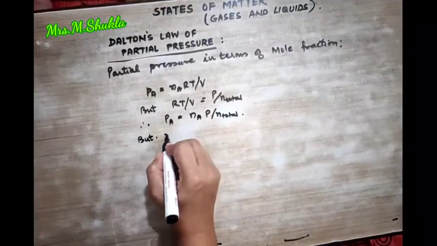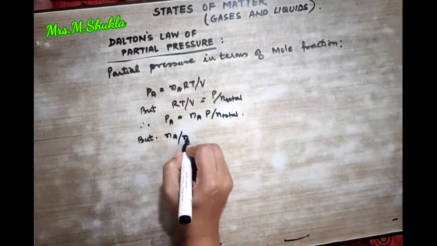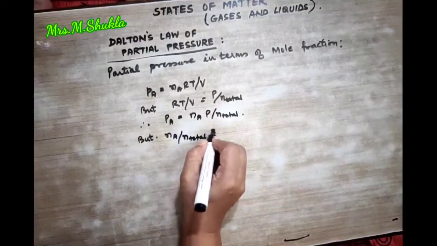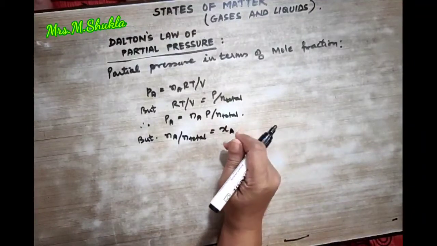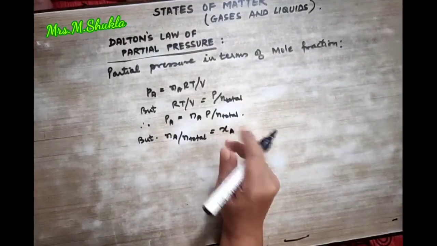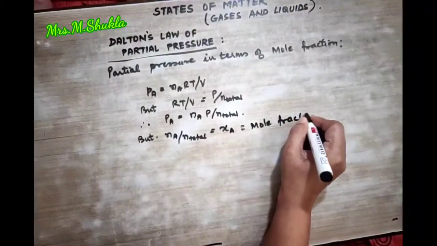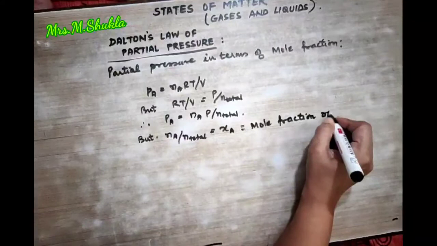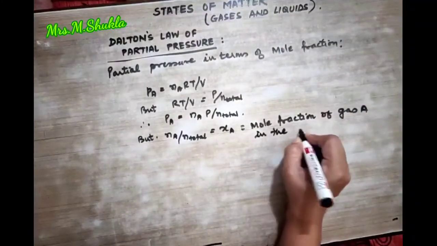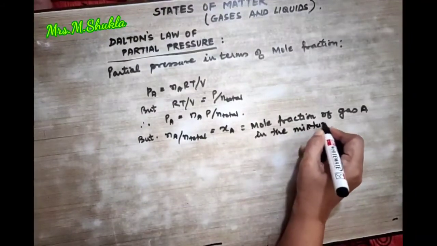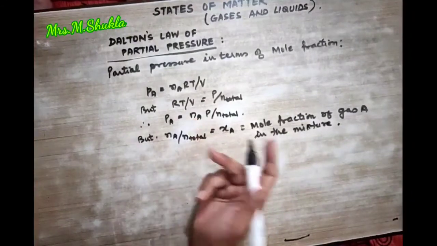But over here we should know that nA, the number of moles of gas A, upon the total number of moles, this is always equal to the mole fraction of gas A in the mixture, right? Therefore, the above equation, how can it be written?